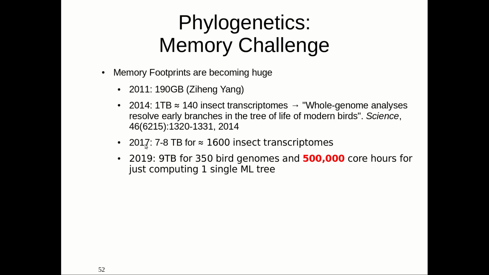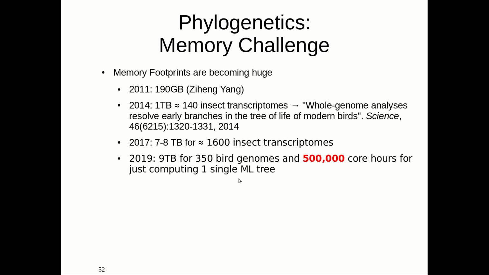Then in 2017, we estimated that we would require 7 to 8 terabyte for analyzing 1,600 insect transcriptomes. And then finally in 2019, in an analysis we ran a couple of months ago, we required 9 terabyte of RAM for analyzing 350 bird genomes, and 500,000 core hours, so 500,000 processor hours, for just computing a single maximum likelihood tree.